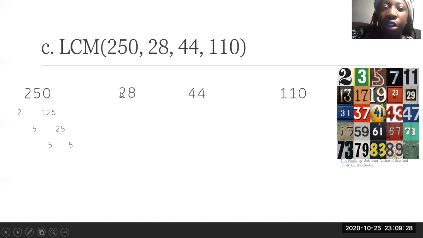So now we go to 228. We'll start at the least multiple, which is 2, which is 114. Well, 2 will not be able to go into 14.